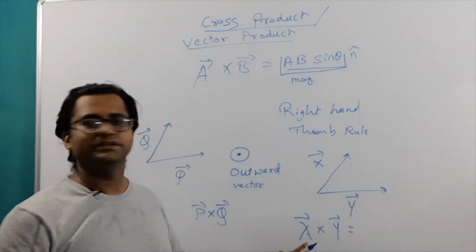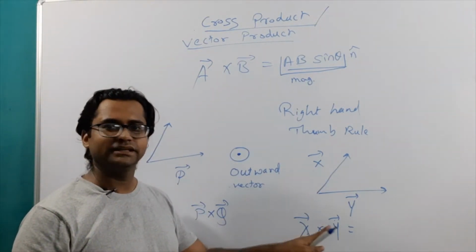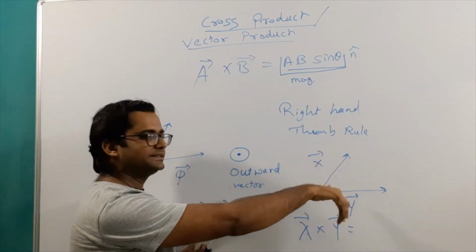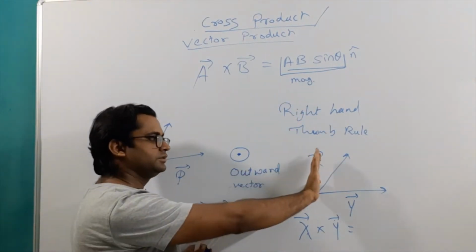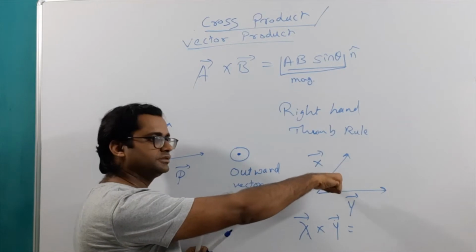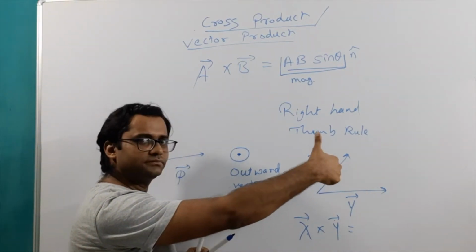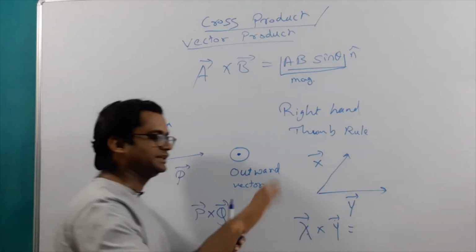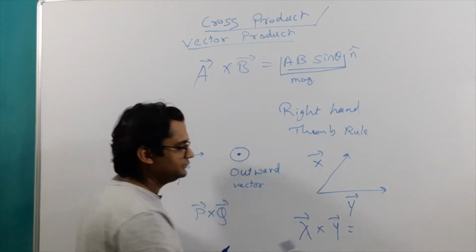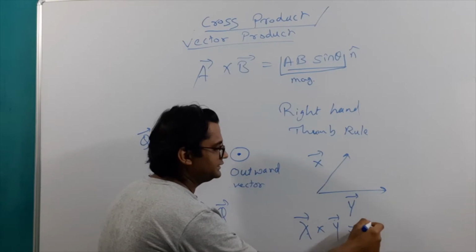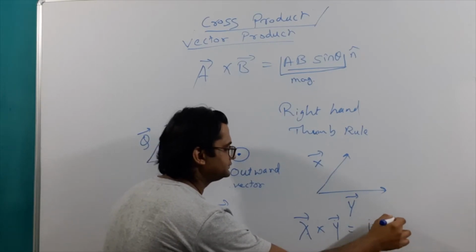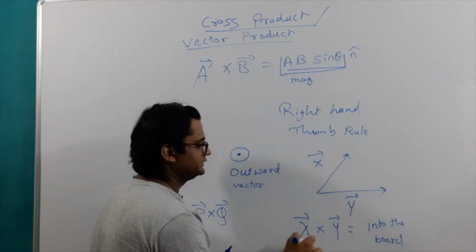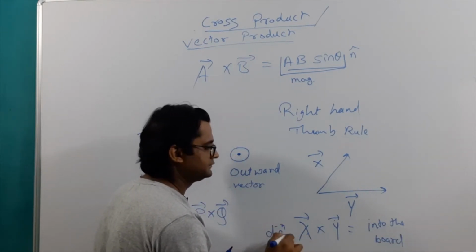Now the first vector is X vector and the second vector is Y vector. So rotate the first vector towards the second vector using your right hand, and the thumb will show the direction of the resultant cross product. If you look at my thumb, it is inside the board, so its direction is into the board.